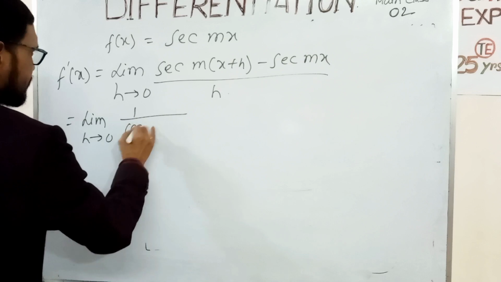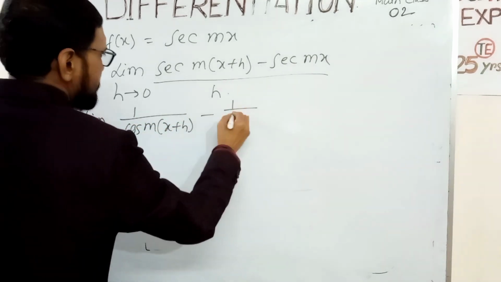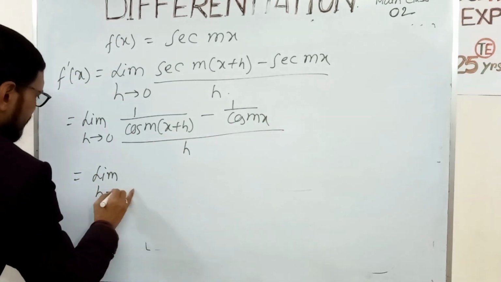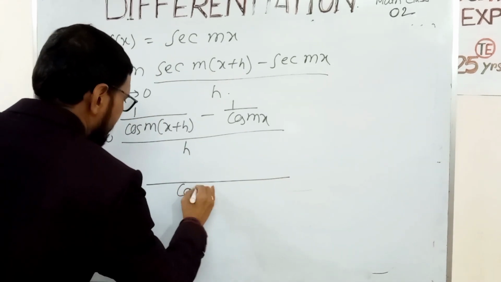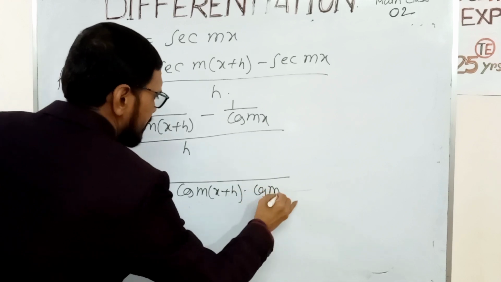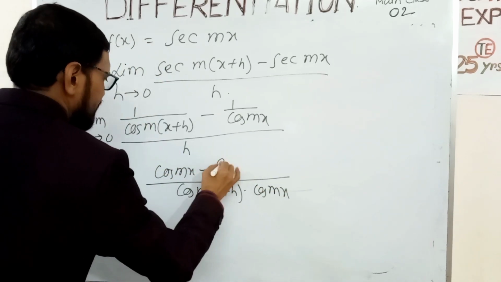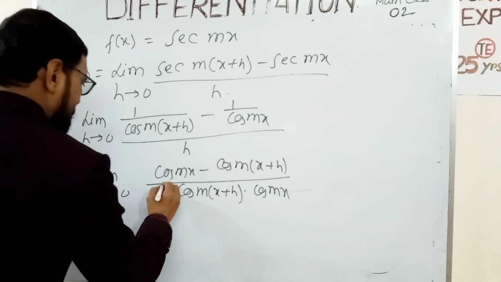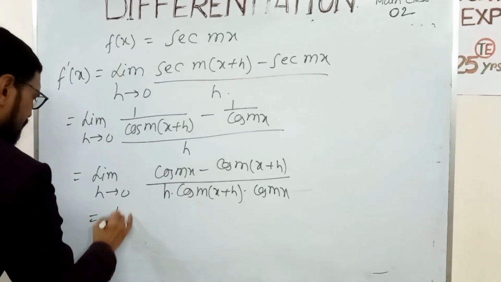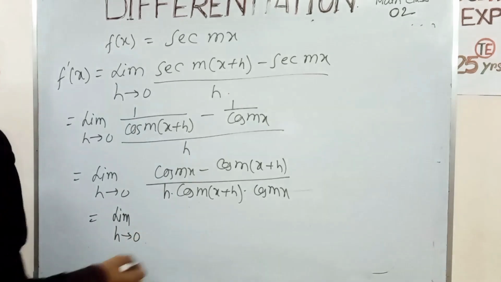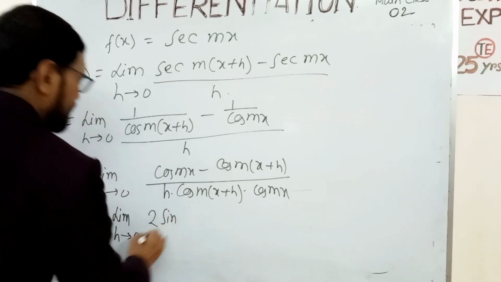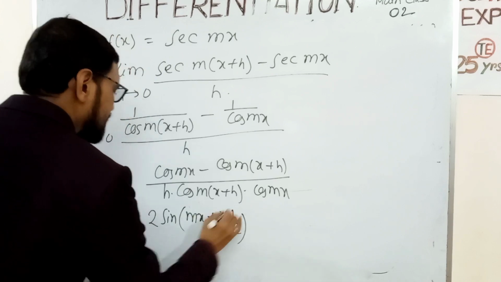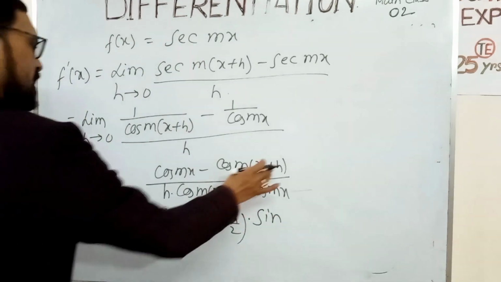sec is 1 by cos. Cos c minus cos d formula is 2 sin of c plus d by 2, this plus this by 2, into sin of d minus c by 2, this minus this by 2.